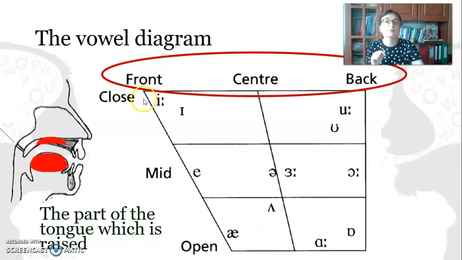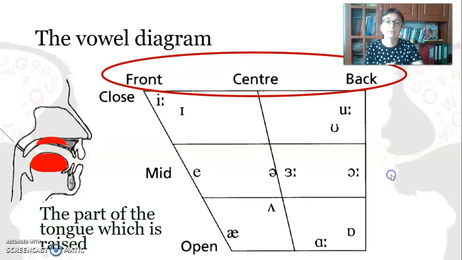Thus, for example, when pronouncing the sound E, it implies that the front part is slightly raised towards the palate. When pronouncing the sound schwa, for example, that means that the center part of the tongue is slightly raised towards the palate. And finally, when pronouncing the sound, for example, oo, that would imply that the back part of the tongue is slightly raised towards the palate.